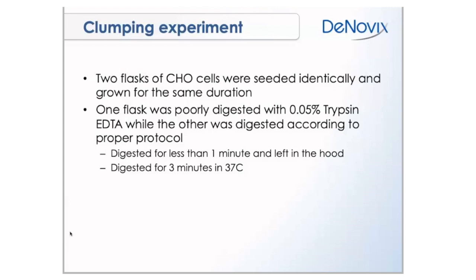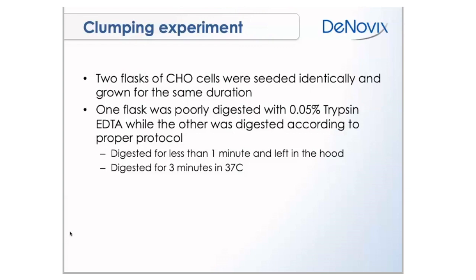So to kind of prove that point, I did a little experiment of clumping cells. I just took two flasks, seeded them exactly the same way, let them incubate and grow for the exact same duration. And then I poorly digested one flask with my trypsin.